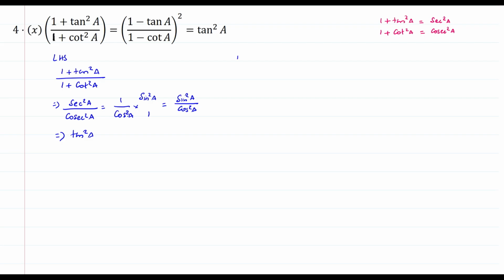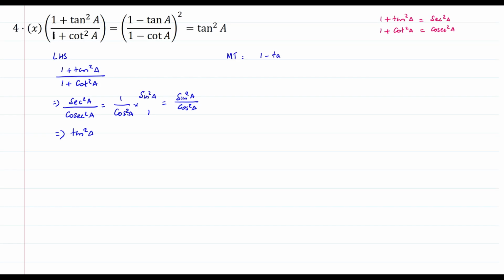Middle term is 1 minus tan A divided by 1 minus cot A, the whole thing into square. So basically, if you see, this is of the form A minus B the whole square, which is actually A square plus B square minus 2AB. Therefore, we expand this.